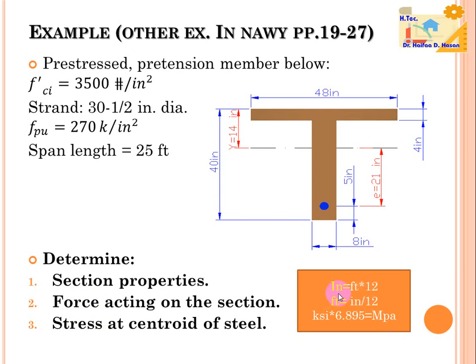Also note, to transfer units from foot to inch, multiply by 12, or to transfer inch to foot, divide by 12, and to transfer ksi to megapascal, multiply by 6.895. Solution.